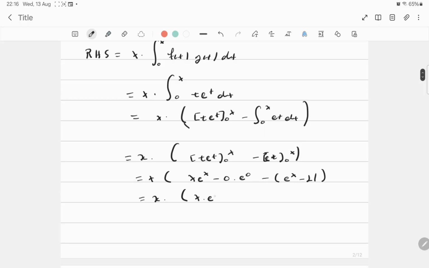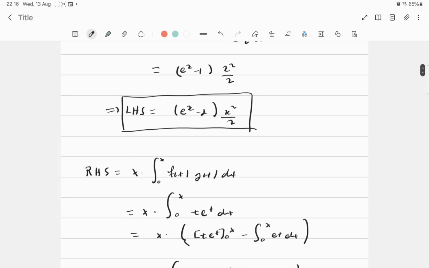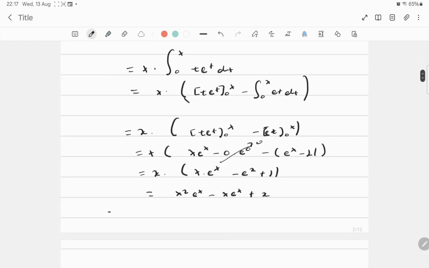That's going to be x e to the x, this term vanishes, minus e to the x plus 1. So that's x squared e to the x minus x e to the x plus x. So that's my right hand side.